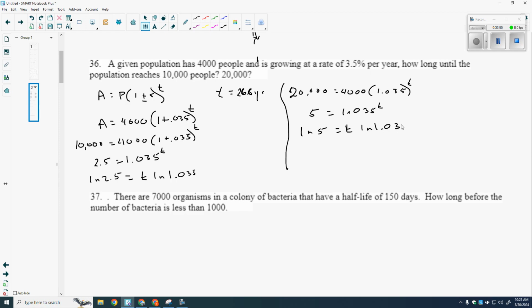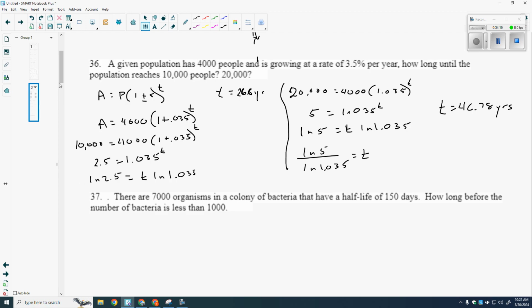Divide by ln of 1.035. Grab a calculator, type it in. T comes out to be 46.78. Double would be something like 52 years, 53 years. So it's not double. It takes less than twice as long.